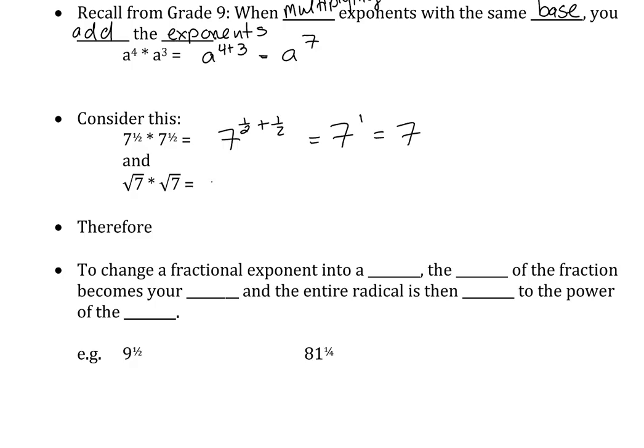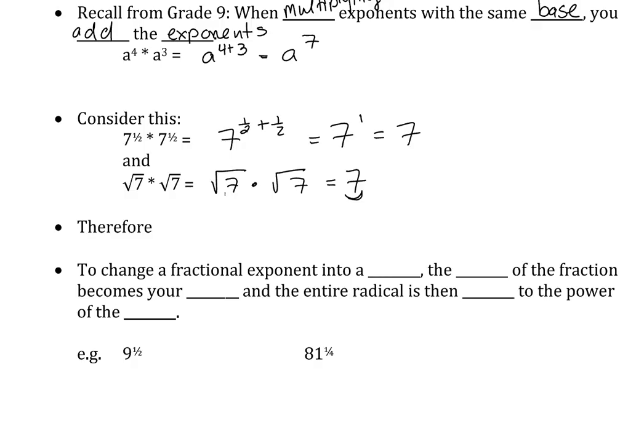But if I have the square root of 7 times the square root of 7, that's just going to be 7. Because if you multiply the square root of something by itself, you get that original answer.